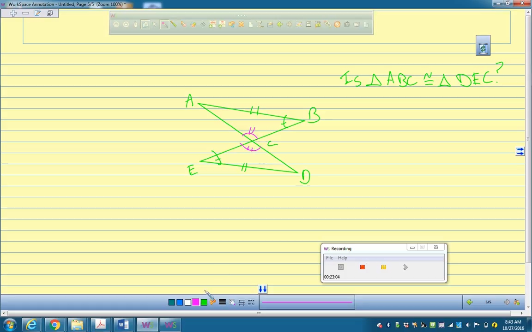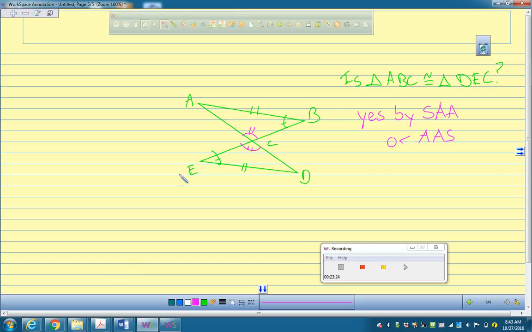See the vertical angle? So I have a side, angle, angle. Side, two angles, right? So yes, by side, angle, angle, or you could call that AAS. You understand what I just did there?